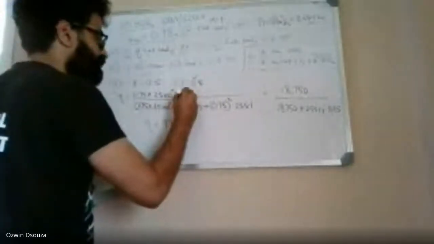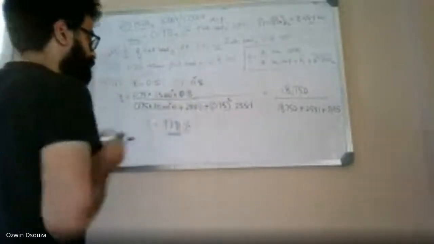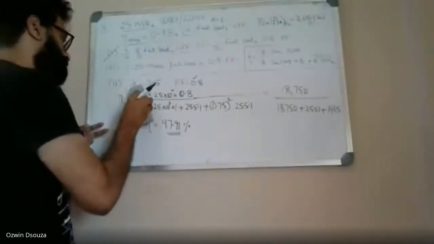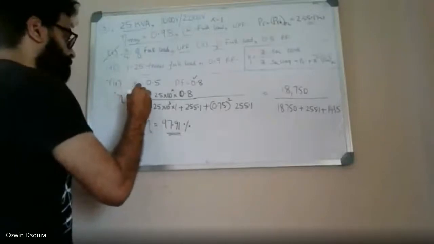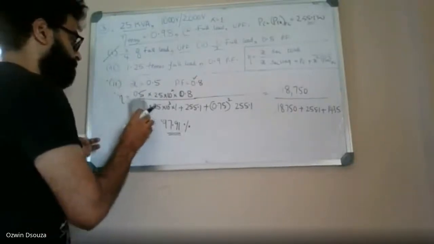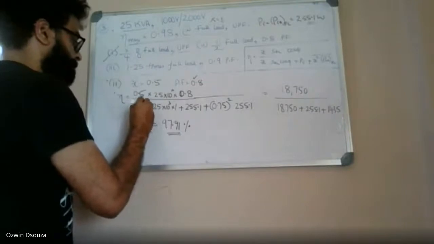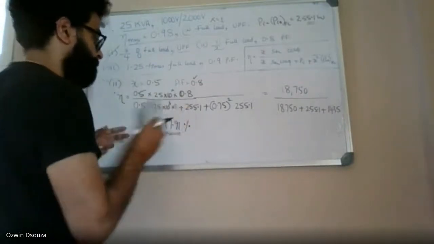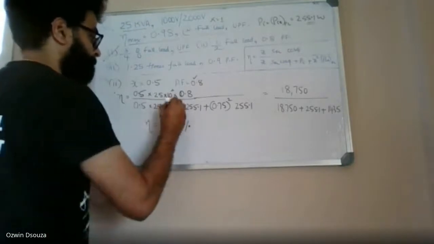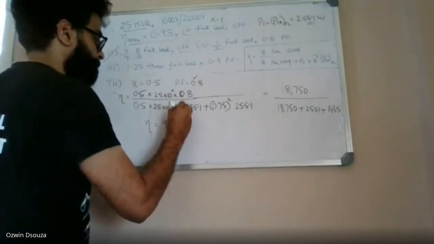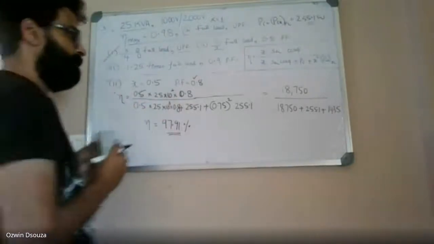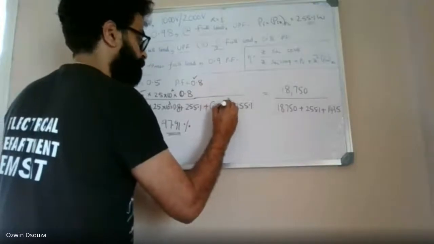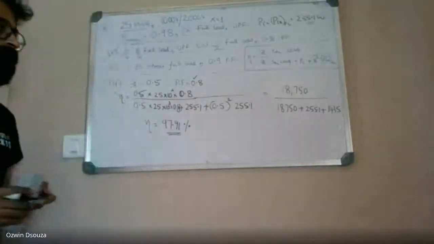So you have to just change the power factor value and X value. This is 0.8 and this is 0.5. 0.5 squared.